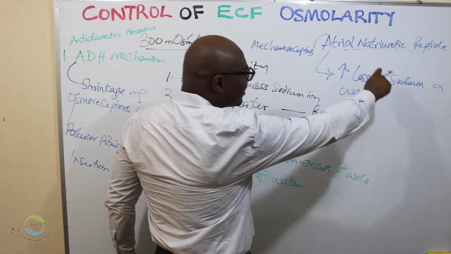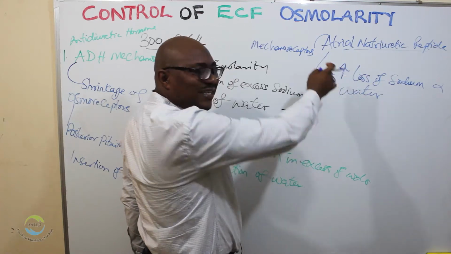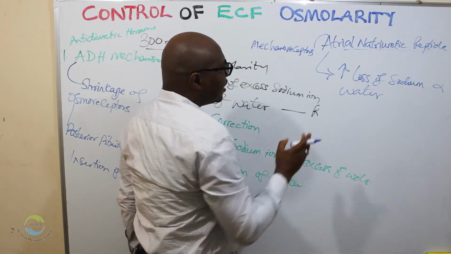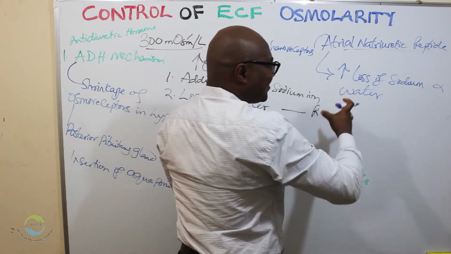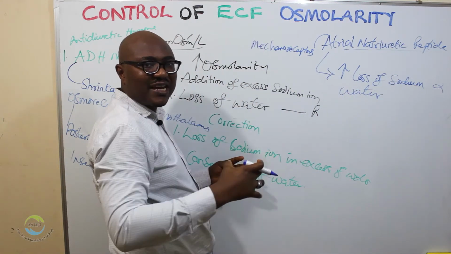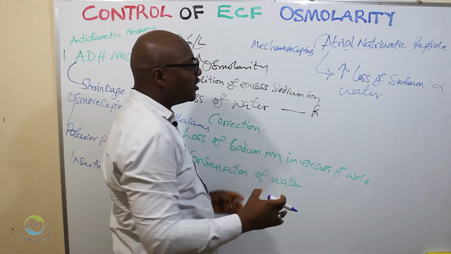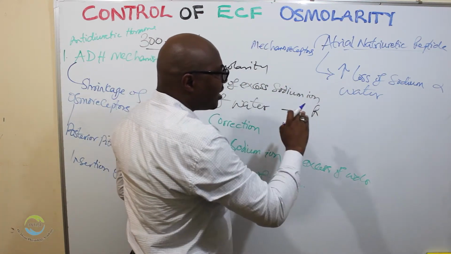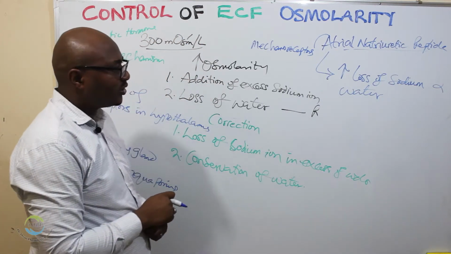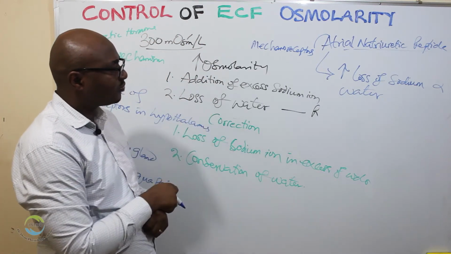So it's losing sodium so that it can lose water. So this one corrects increased volume. What triggers it is increased volume. So it reduces both sodium and water so that the volume comes back to normal.